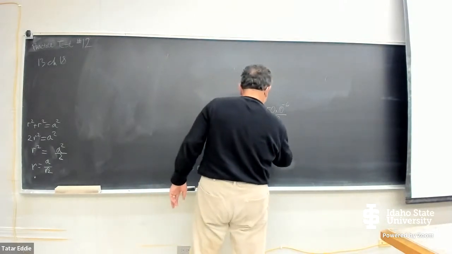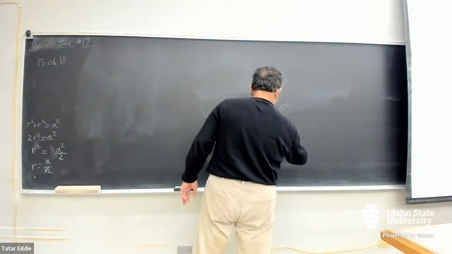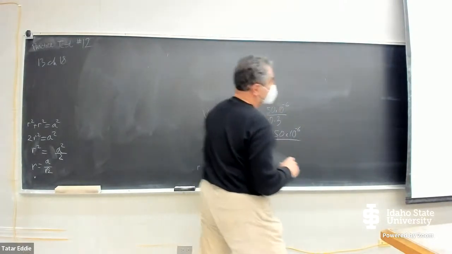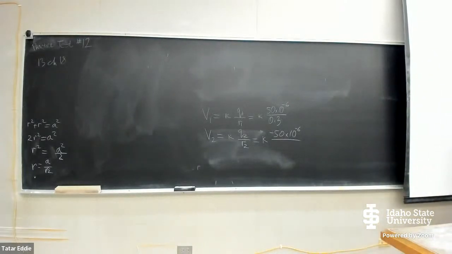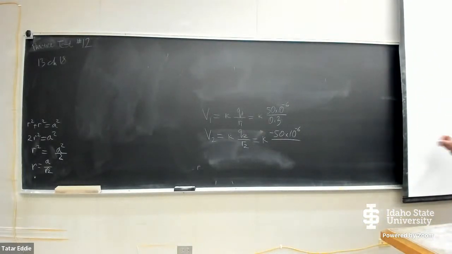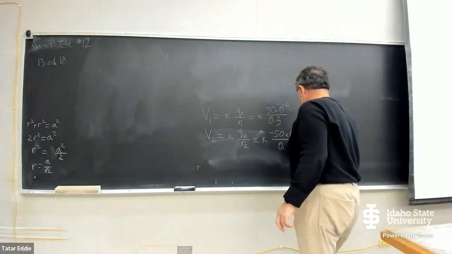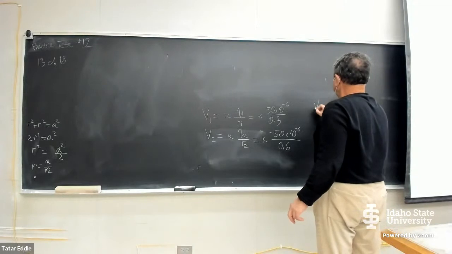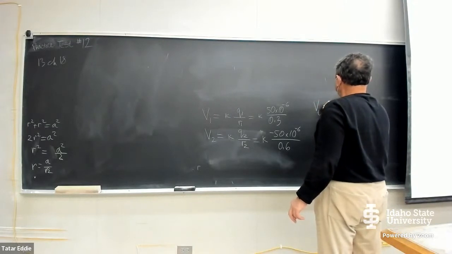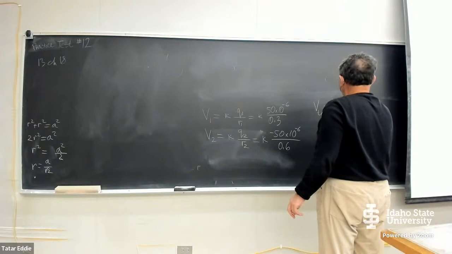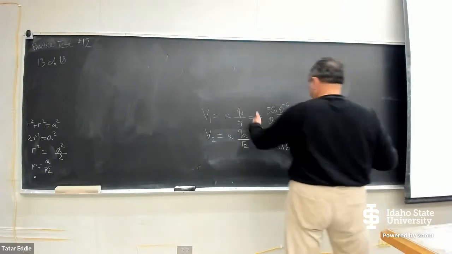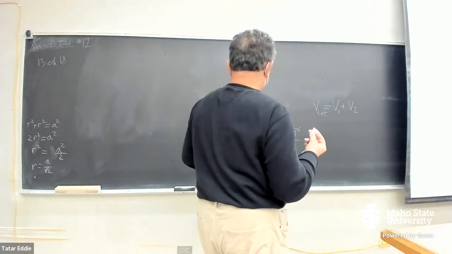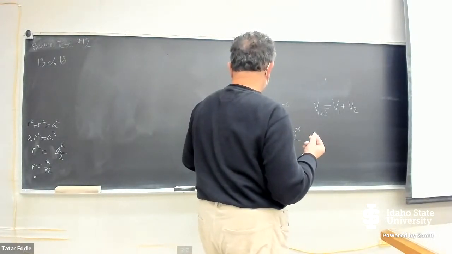So it is K times negative 50 microcoulombs divided by the distance between the source and the point of interest, which in our case is 0.6. So the total voltage is a sum, V1 plus V2. So you have to add those two numbers, and you probably can simplify them quite well.